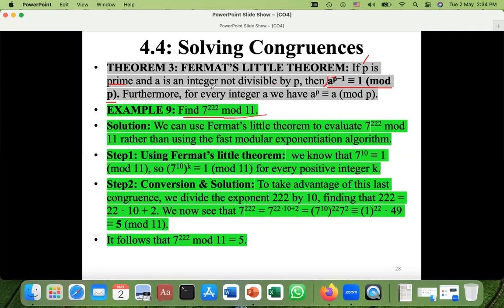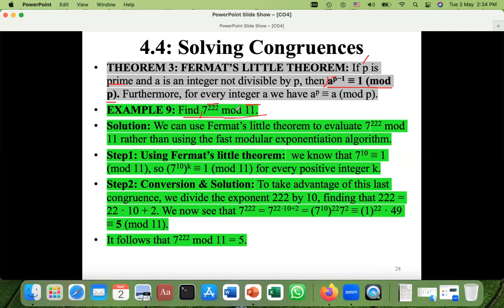This equation is giving you an idea that you have a prime number. After mod, you have the p. This 11 is a prime number. So this 7 is now my a, and this is p minus 1. So 11 minus 1 is 10, but this is 222.